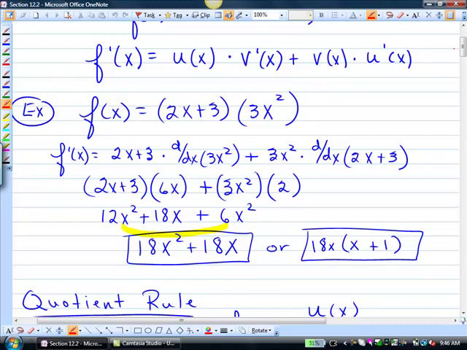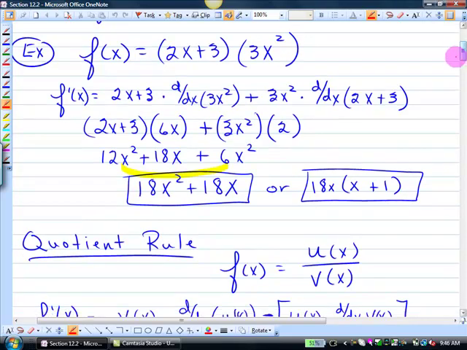First one times derivative of the second plus second times derivative of the first. That's what you're going to do. That's if it's a product. Part of the deal is recognizing when things are products. And I know that sounds easy, but sometimes it's not as evident as it maybe should be.